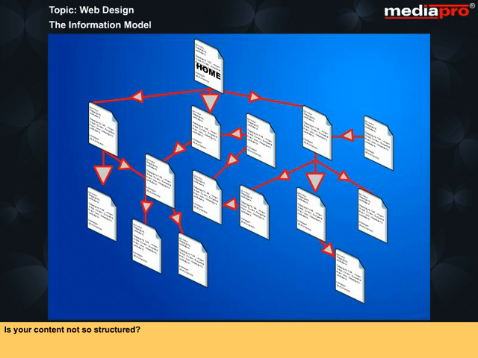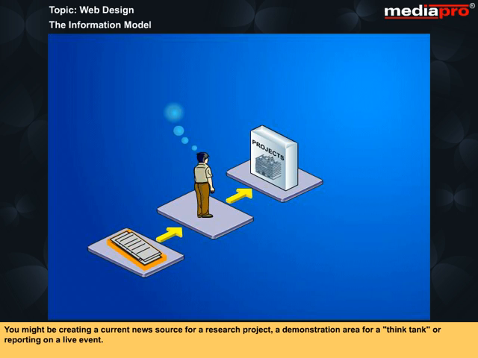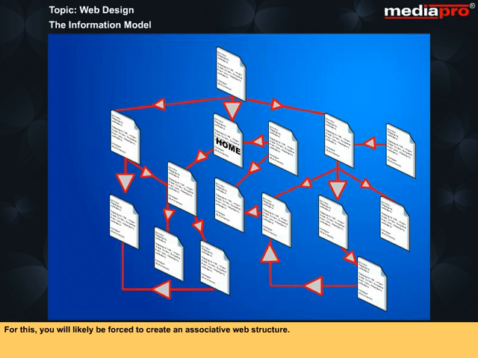Is your content not so structured? Is the information accumulating or changing rapidly? You might be creating a current news source for a research project, a demonstration area for a think tank, or reporting on a live event. For this, you will likely be forced to create an associative web structure.